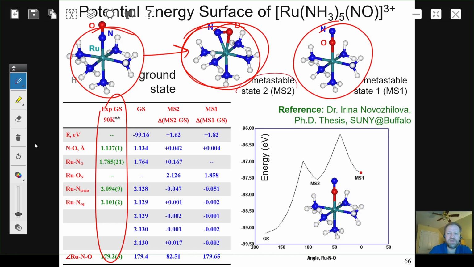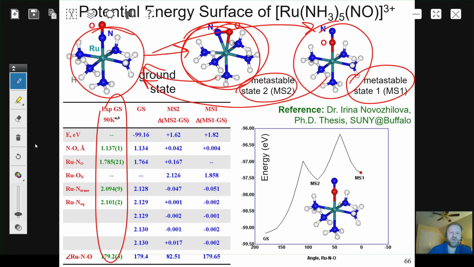They were called metastable state 2 and metastable state 1. Okay? And the molecules will stay in those states until the temperature is increased. And only then those two metastable states will decay back. They will go back to the original ground state. So again, at normal temperature, room temperature, under just ambient conditions, it is the ground state that will dominate.